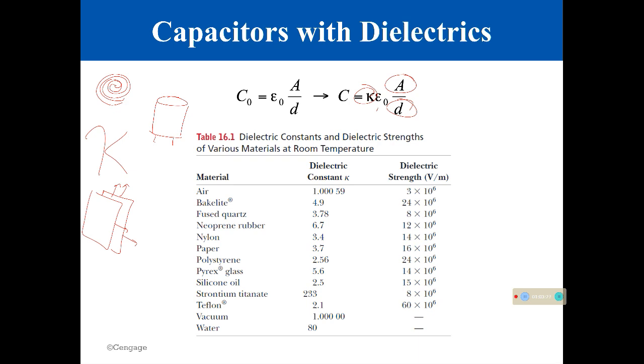You can see right down here, all these different kappas are used all over the place. Usually they use some oil, like a silicone oil, like this one right here, a cheap material they can find relatively easily, and they put that whole thing in oil, and there they go. That's a capacitor.